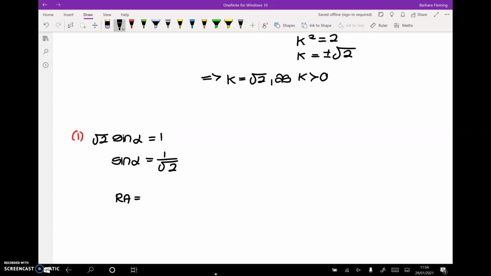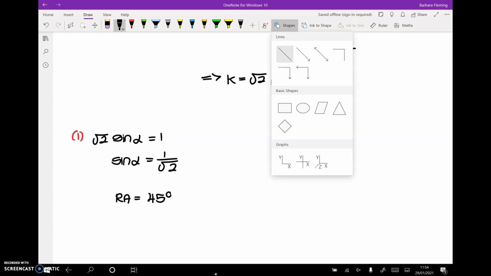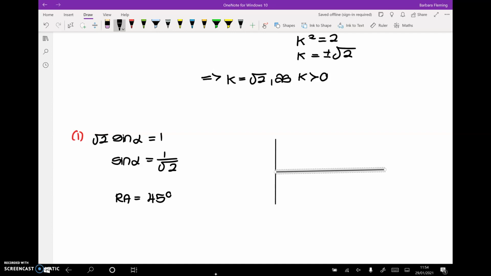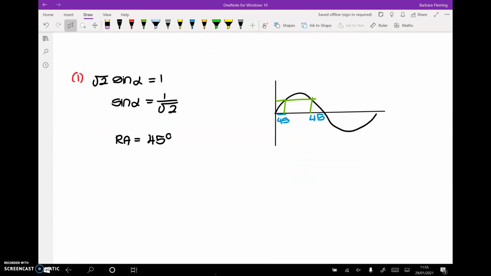What angle gives you 1 over root 2 for sine? 45 degrees. If we draw a little sketch of our sine graph, it's a positive 1 over root 2, so it's going to give you 45 in here and 45 in here. Those will be our two possible answers. We don't need to go further than that yet.